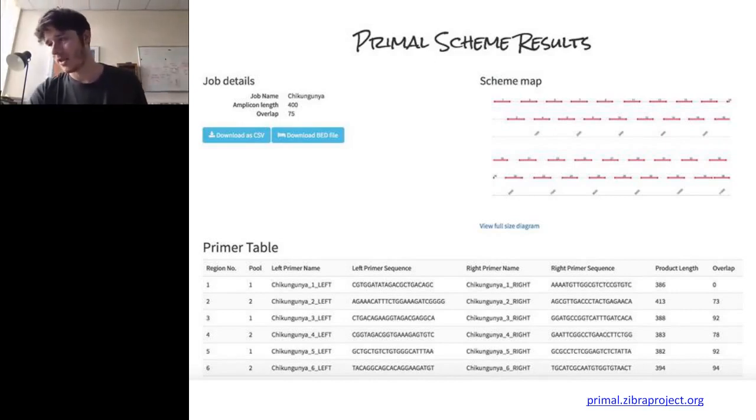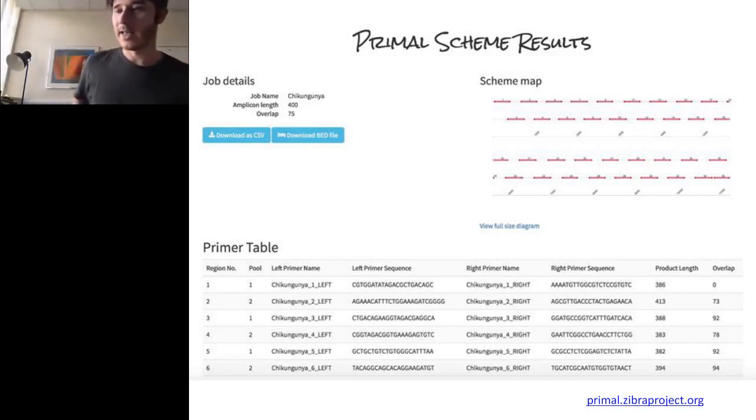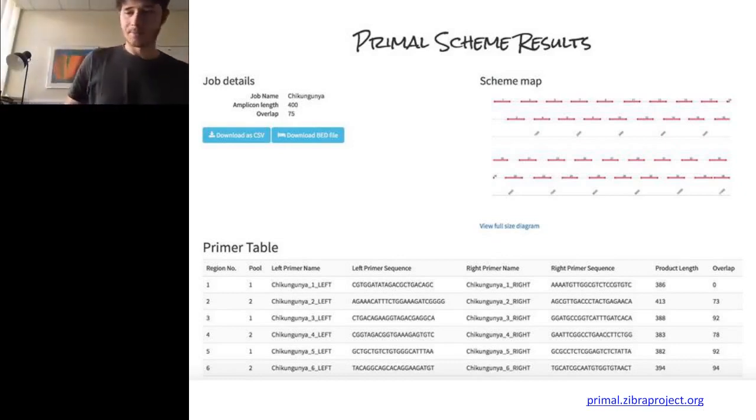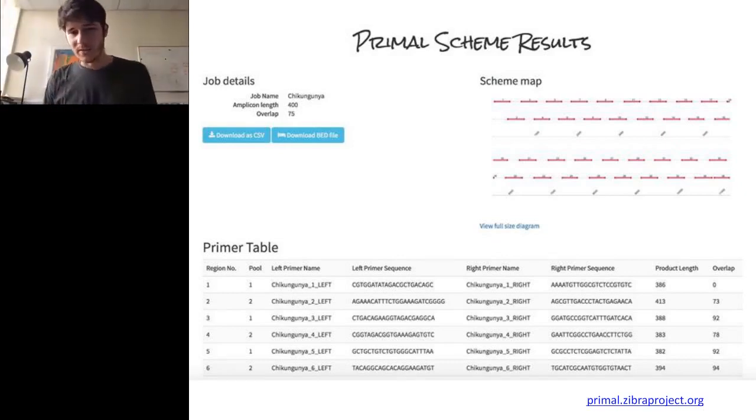So the primers can be included in many reactions in the same individual tube, and the way that we did this was by choosing very high and very tightly controlled binding temperatures for the primers, and that meant that we were able to amplify the entire genome using only two reactions.